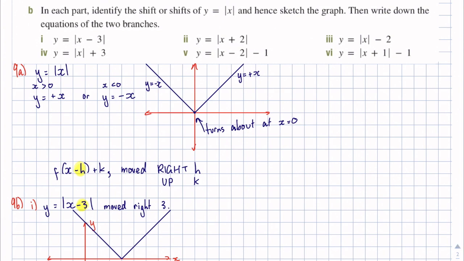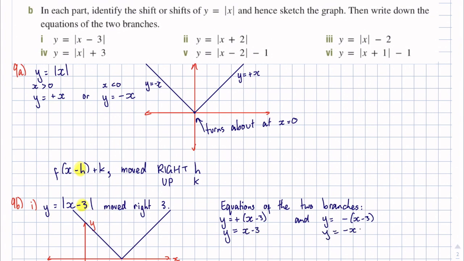Did they want intercepts? No, they just wanted the equations of the two branches. So we've sketched it. Equations of the two branches: we have y equals positive x take 3, and y equals negative x take 3, which means, because it's a negative out the front, y equals negative x plus 3, which is the same as y equals 3 take x.